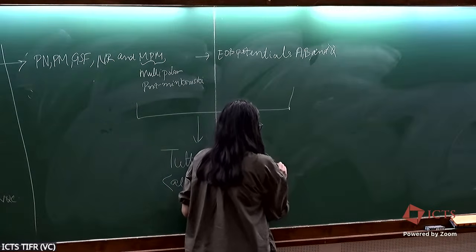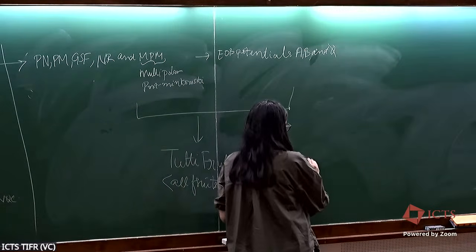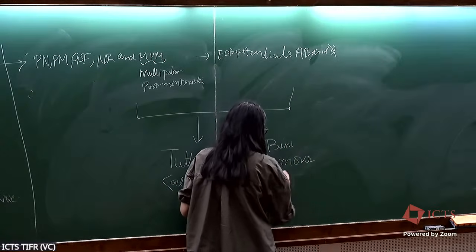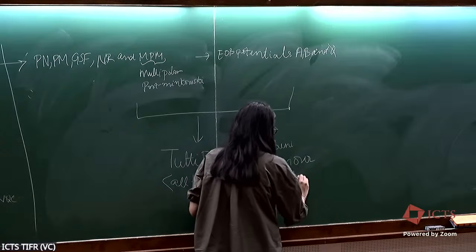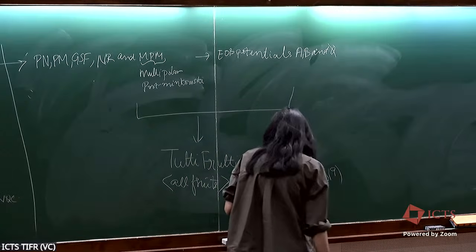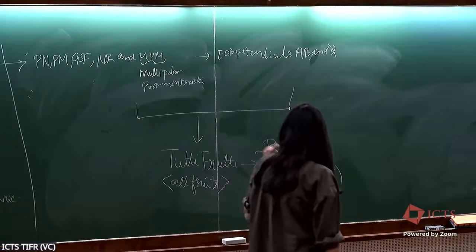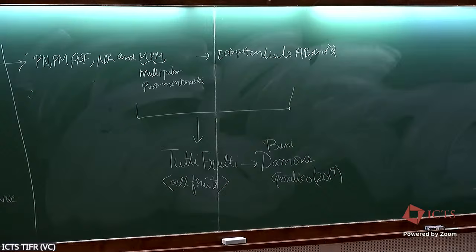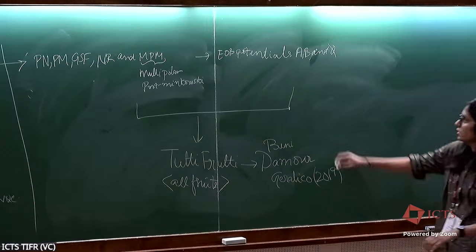And this was developed by Bini, Damour, and Geralico in 2019. So that's what we want to study now, this tutti-frutti to inform the EOB potentials A, B, and Q.